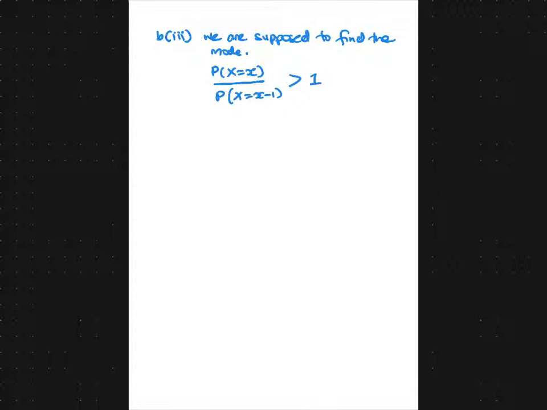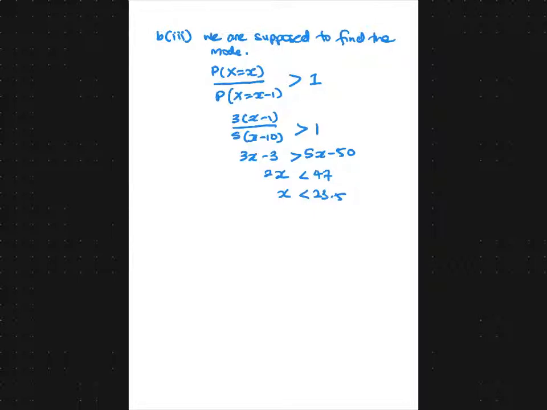So what we have is 3(x minus 1) over 5x minus 10 greater than 1, and we have 3x minus 3 greater than 5x minus 50. We have 2x less than 47, or x is less than 23.5. So as x has to be an integer, the mode is equal to 23, and we can verify this with the use of a graphic calculator.